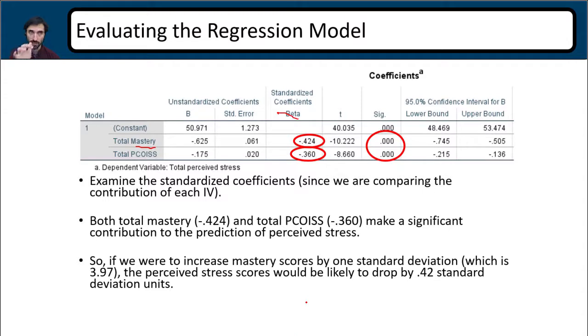So if we were to take that sample of whoever took this survey of PCOIS and mastery, and take them to all the appropriate organizations to help them out in their life, let's give them a life coach, and their mastery score went up by a whole standard deviation, then there's a chance that their perceived stress would drop by 0.442 standard deviation units.